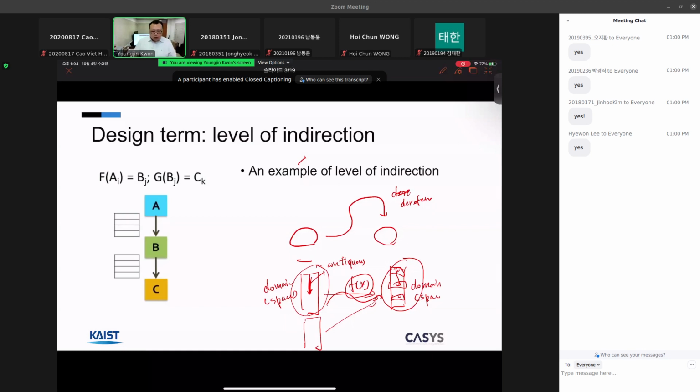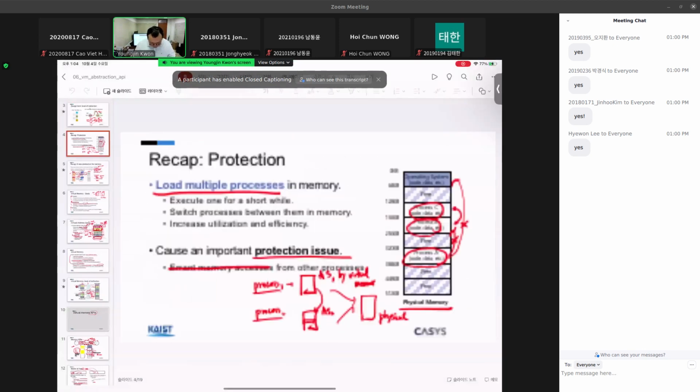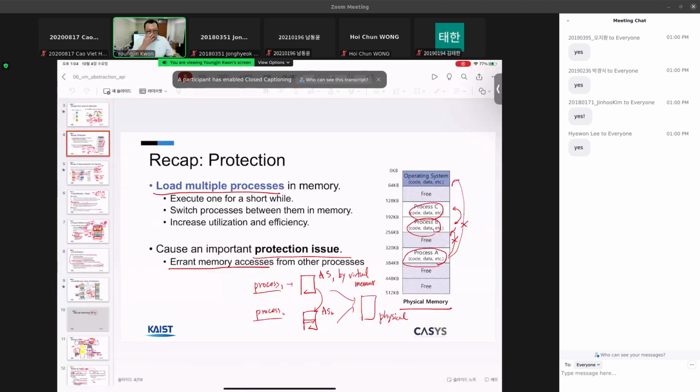So in virtual memory, I first introduced this design term of level of indirection. For protection, in virtual memory we run processes in different address spaces and map them into physical memory. The basic purpose of virtual memory is abstracting physical memory for protection.